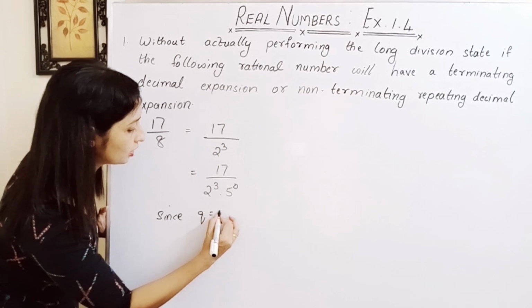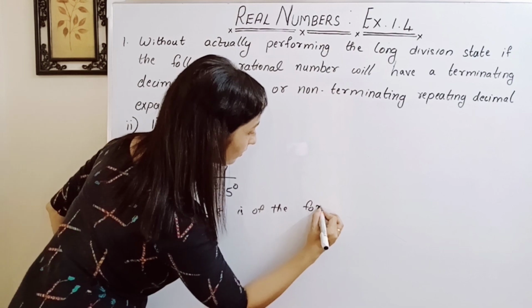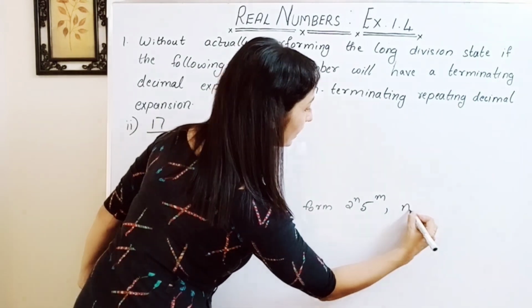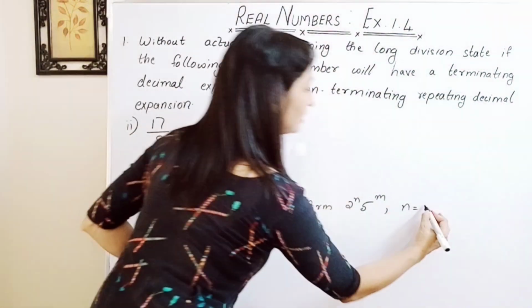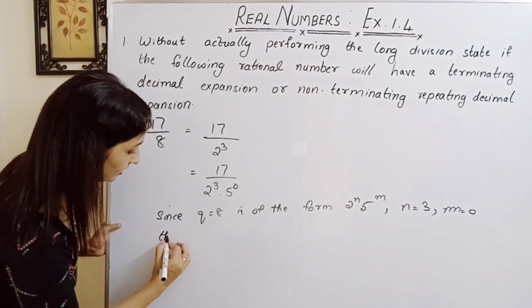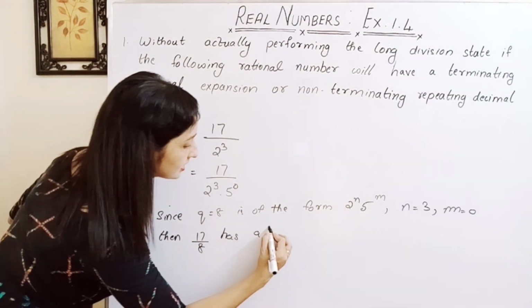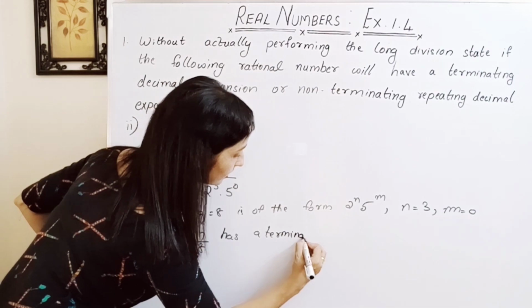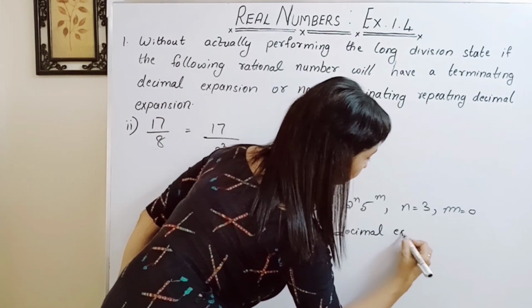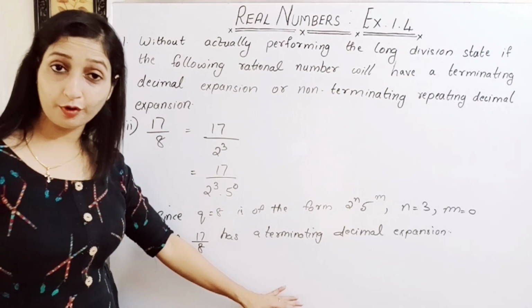Since q is equal to 8 is of the form 2 raised to n into 5 raised to m, where n is equal to 3 and m is equal to 0, then the rational number 17 by 8 has a terminating decimal expansion.